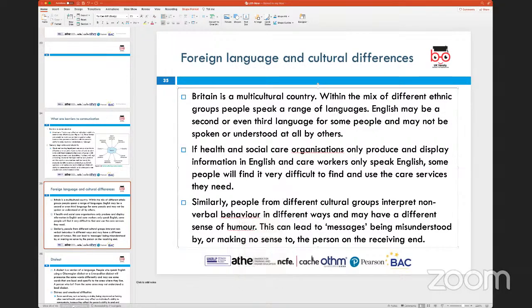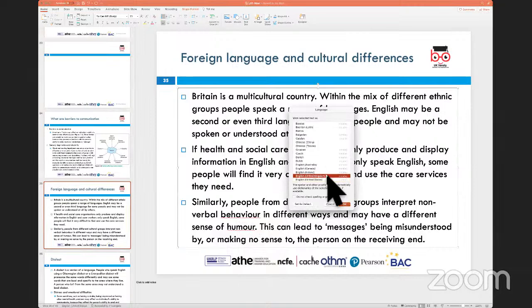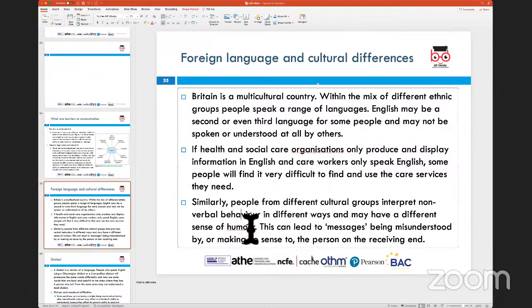So in those cases, the doctor might need to involve an interpreter who would come in and do translation, and that translation would allow the GP to understand the problem that you're having, and then the GP would be able to give you an appropriate prescription.